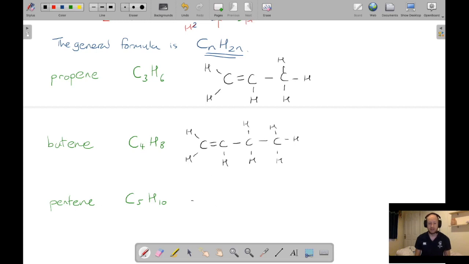Finally, for pentene, C, double bond C, single bond C, single bond C, single bond C. 5 C's in total, only 1 double bond. Here, 3 hydrogens. Here 2. Here 2. Now this one contains 3 bonds, so only 1 hydrogen. And here we have 2 hydrogens connected to this one.